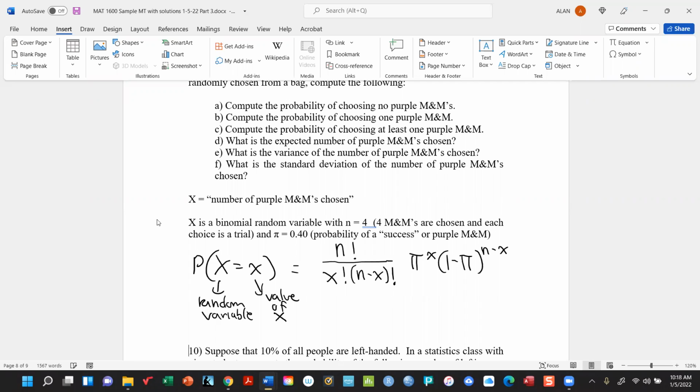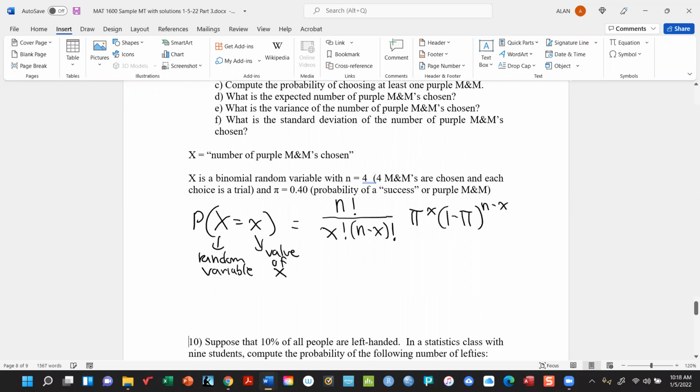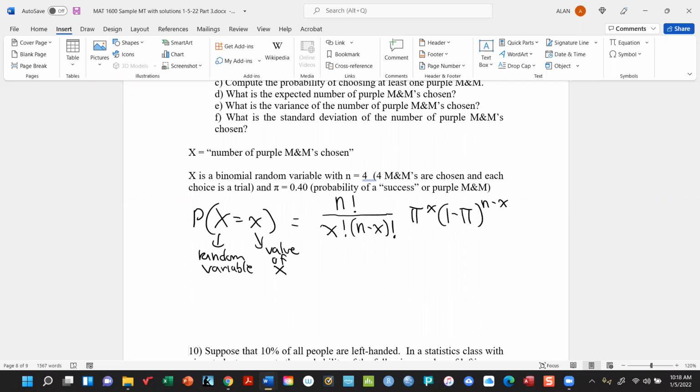Now, of course, when you're doing the actual test, you'll have access to all of your notes. If this was an in-class test, you'd have a formula sheet, and this would be on there somewhere, but you would be responsible for knowing that this is the right formula and how to use it. All right, so now we can plug in everything.